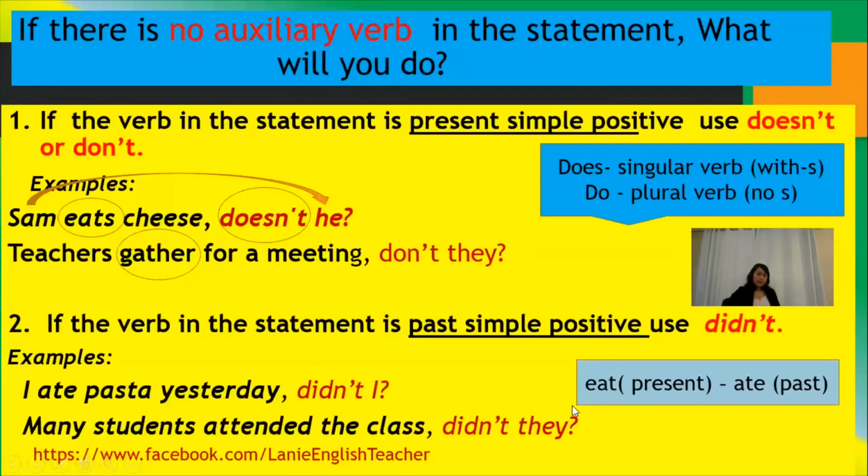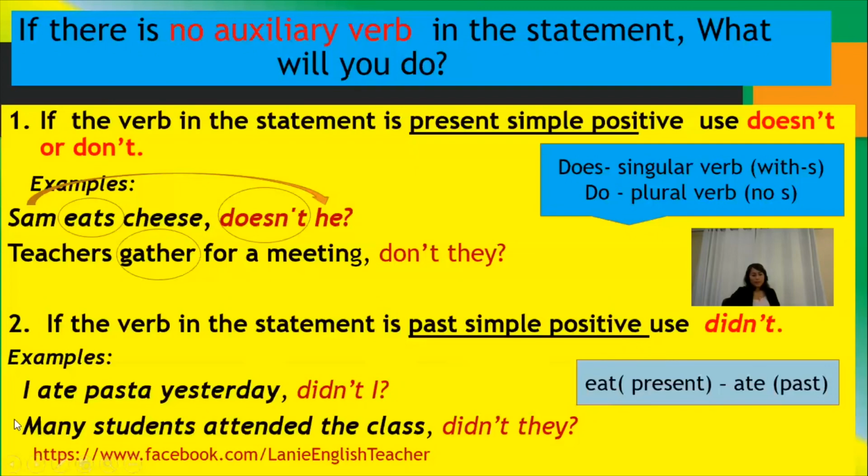All right, let's move on to the second rule. If the verb in the statement is past simple positive, use didn't, right? It's very easy.